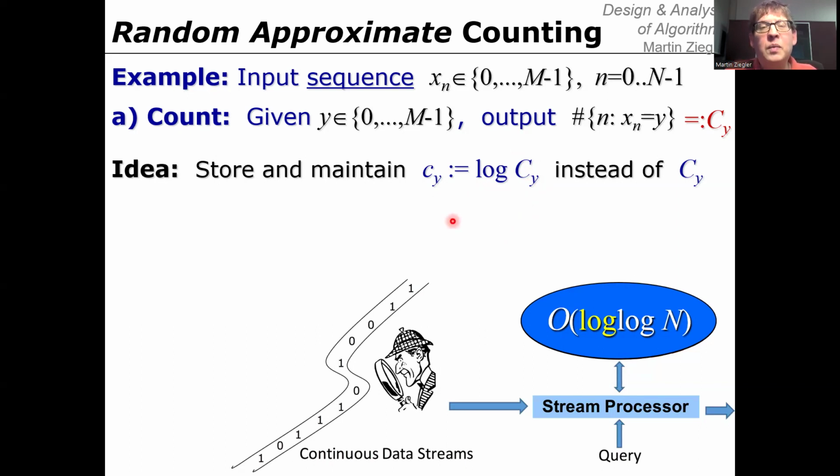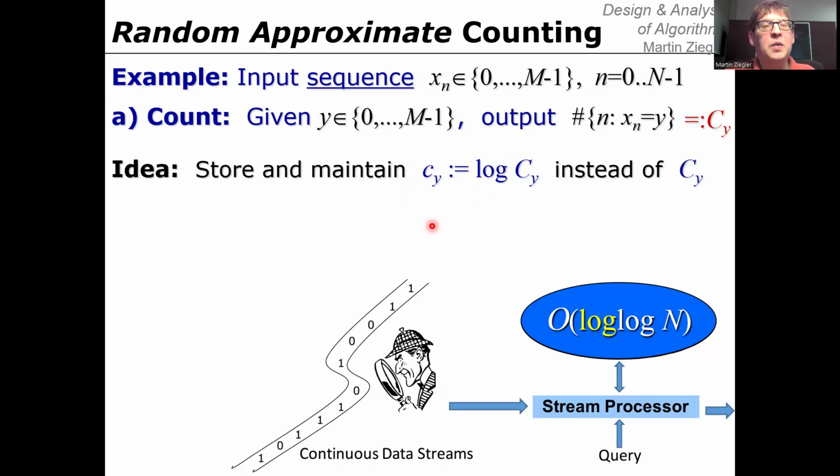However, there come two obstacles. First, remember that this cy in general is not an integer, right? Because when capital Cy is not a power of 2, then the binary logarithm is not an integer. So instead, we use small cy to approximate the logarithm of capital Cy, approximately, since we're going for approximate counting.